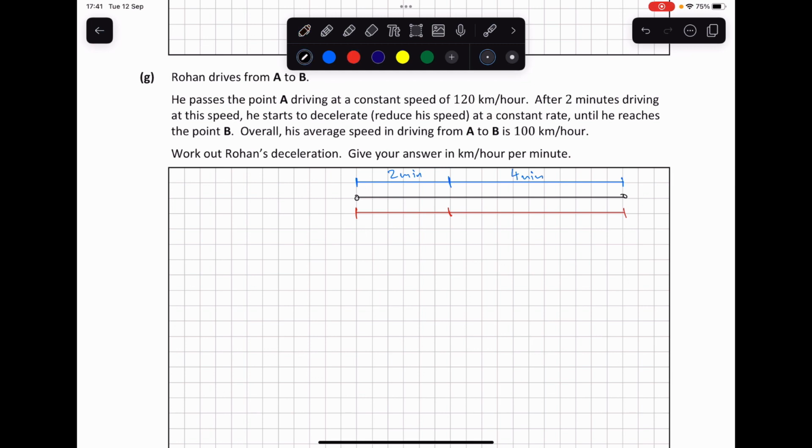So let's work out the part where he's driving at constant speed. So 120 kilometers an hour multiplied by 2 minutes. You can't do that, 2 different units. So we'll put it into hours, 2 over 60, getting us 4 kilometers.